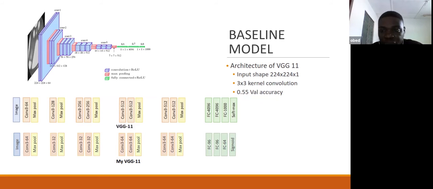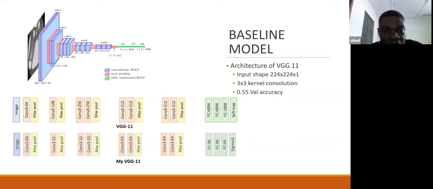So I first started with a very simple baseline model. I got motivation from the VGG11 architecture, but I did a little tweaking. So I just reduced the filters. The VGG11 filters were quite huge, 128, 256, but I just used very low ones just because this was a first shot at the data sets.